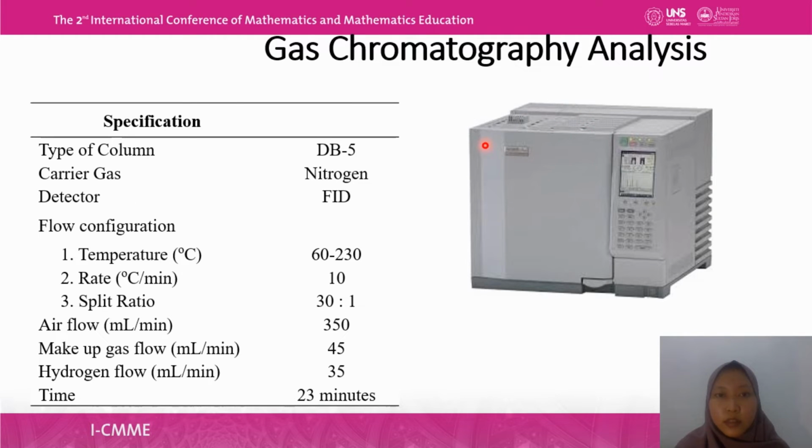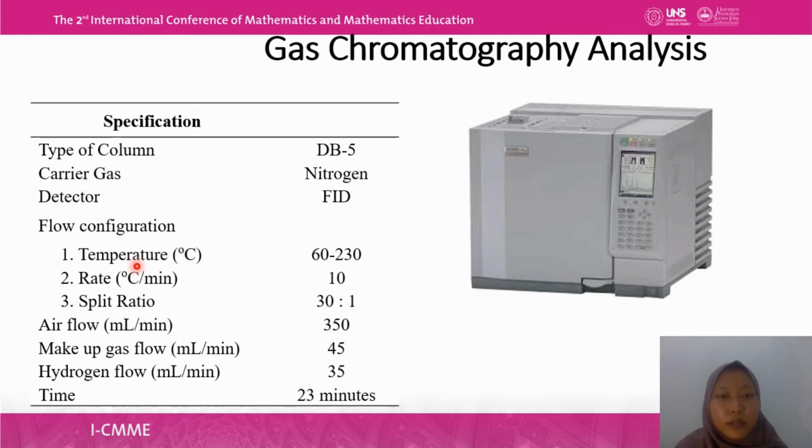Okay, this is the specification of gas chromatography for our research. The type of column is DB5, carrier gas nitrogen, detector FID.